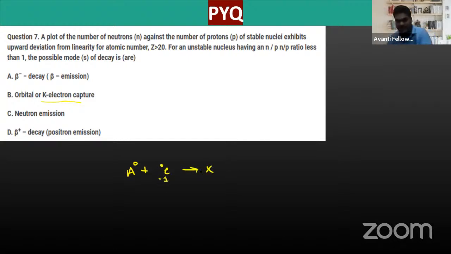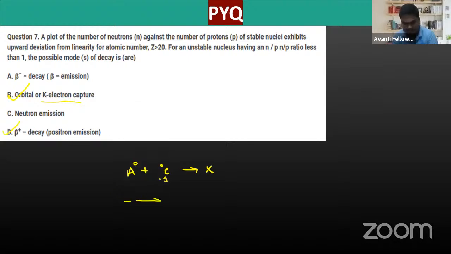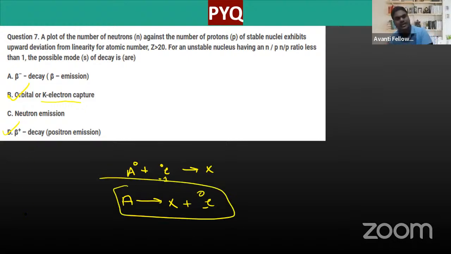And if I'm talking about this one, that is D, that is beta plus decay. So beta plus decay means what? This nucleus will decompose to give X plus e plus 1 and a neutrino. So only these two, B and D, this decay is possible.